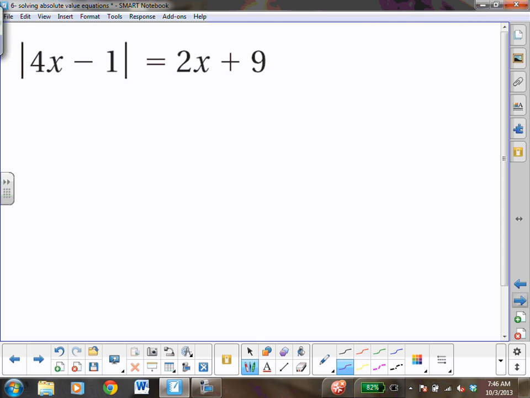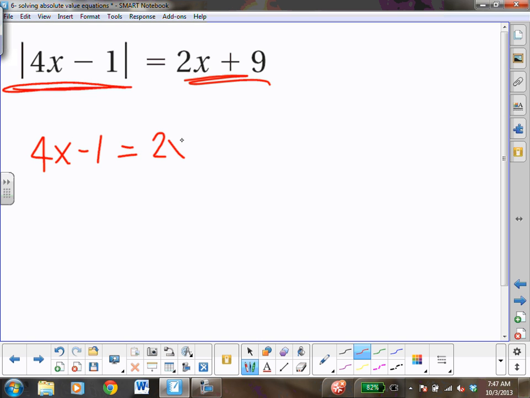Let's try this one. Even though we have an absolute value, we can still solve this equation with the x over here. We just have to think about the fact that the absolute value can be a positive number, and the absolute value can be a negative number.